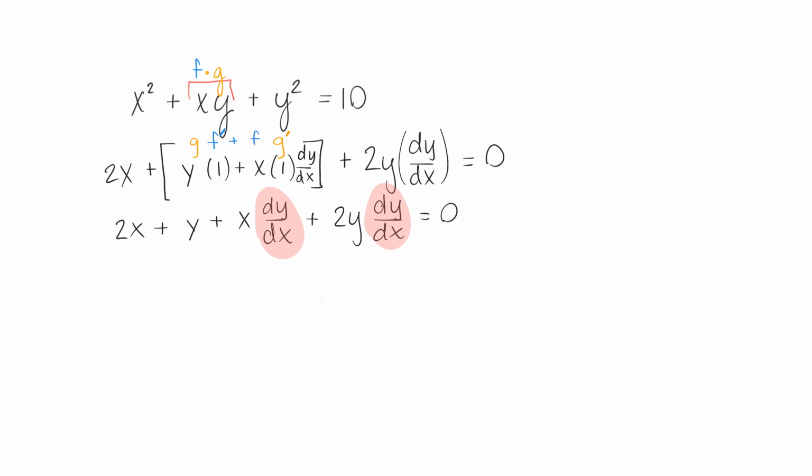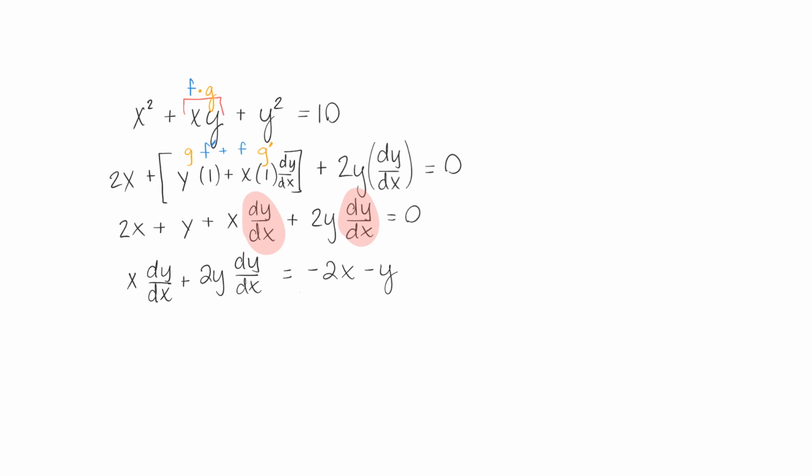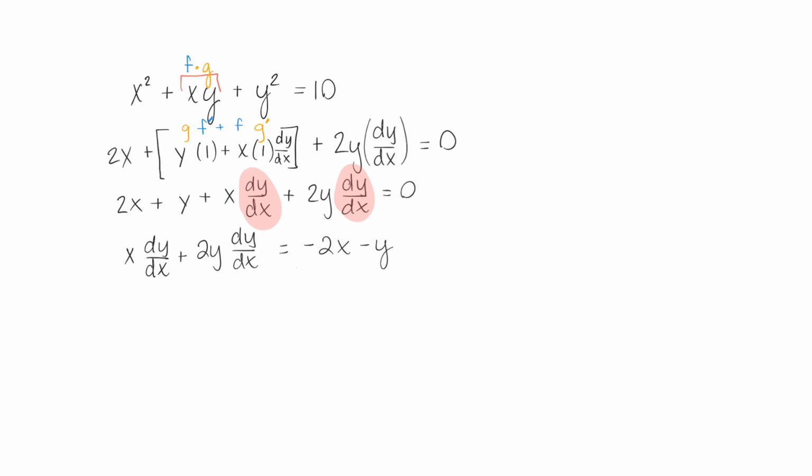So that's going to leave me x dy/dx plus 2y dy/dx equals negative 2x minus y. Now I'm going to factor out my dy/dx. dy/dx factored out leaves me x plus 2y equals negative 2x minus y.